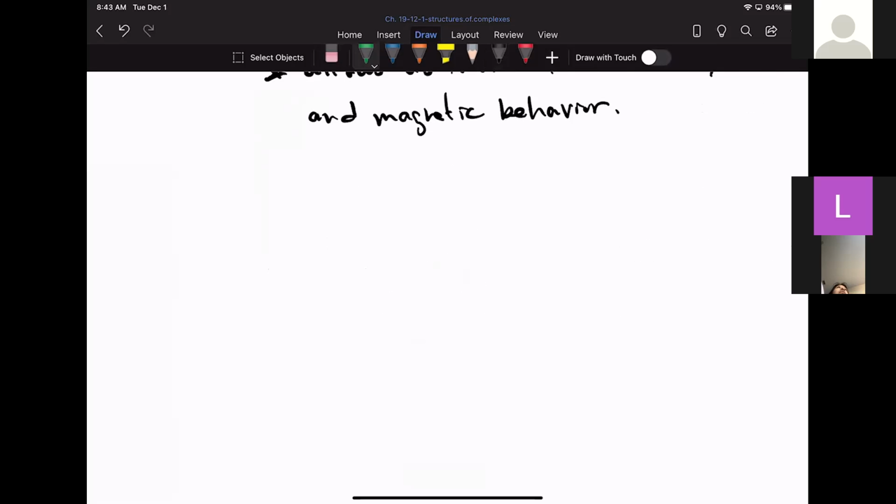So our d orbitals here, I'm going to try and draw these out. I know there's a photo in the book, but I'd rather just draw these out here. So we're going to go with these. So our three axes, z, y, and x axis here. So this will represent our z-axis, this will represent the y-axis, and this will represent our x-axis. And then we'll put our orbitals here.